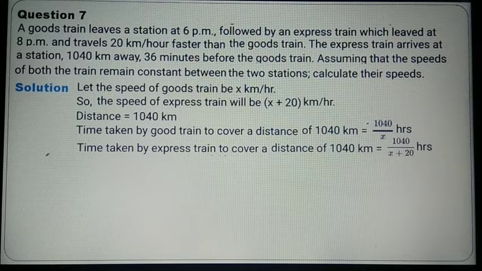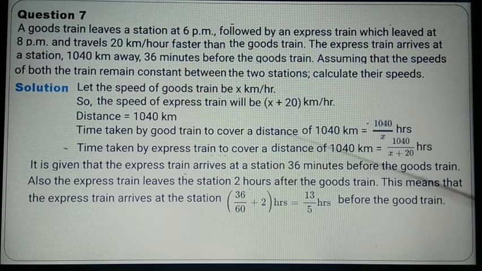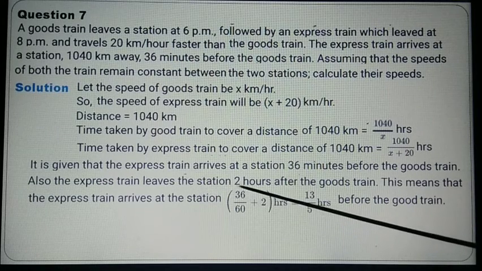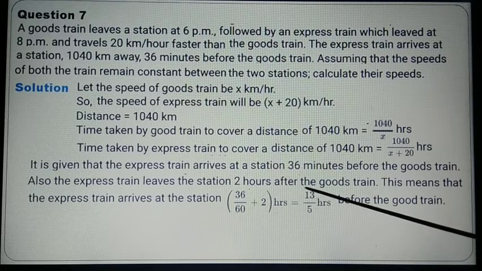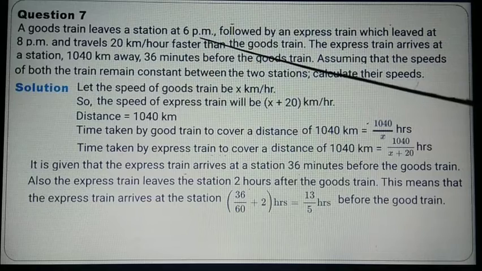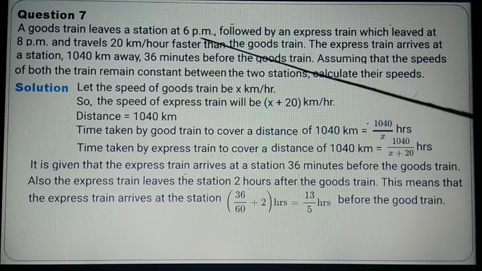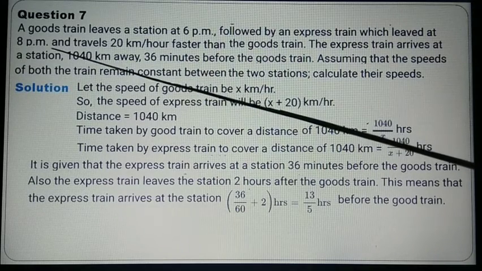Now according to the question, it is given that the express train arrives at the station 36 minutes before the goods train. So that we have already understood. Now also the train leaves the station 2 hours after the goods train. This is also mentioned here because goods train is leaving at 6 and express train is leaving at 8.